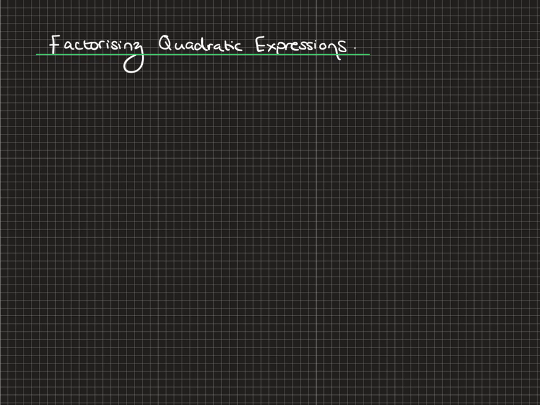So remember earlier on in the lesson when we talked about what a quadratic expression actually is. We said it's an expression where the highest power in that expression is a square. So for instance, if we have something like x squared plus 5x plus 6, that is an example of a quadratic expression. The highest power is x squared.